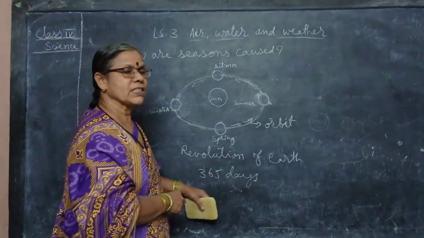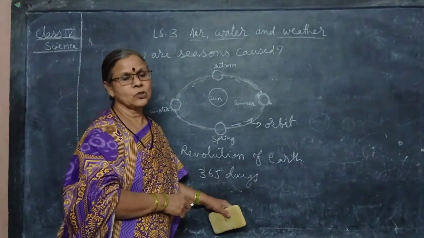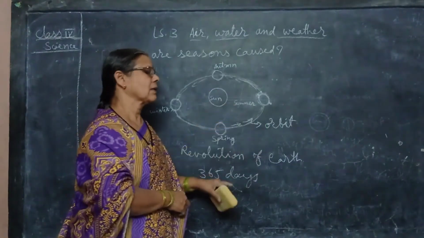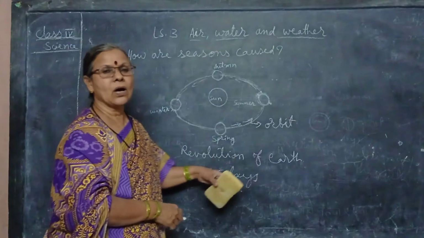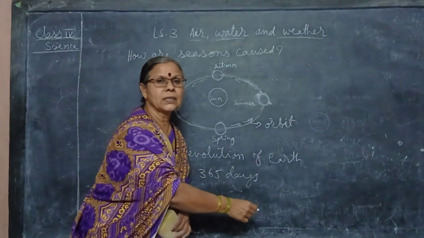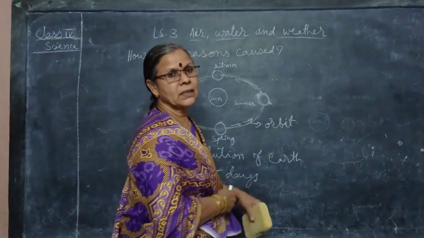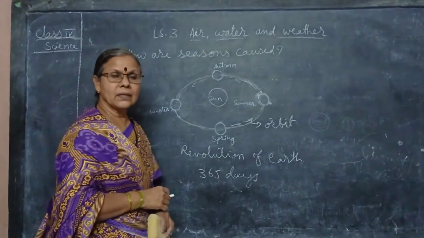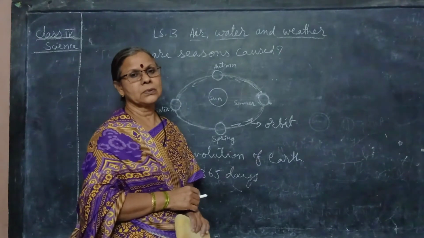Understood? This takes 365 days to complete one round, one circle. The movement of the earth around the sun is called revolution of the earth. It takes 365 days, and we can see the changes in the weather. We can see the changes in the season also. Summer season.